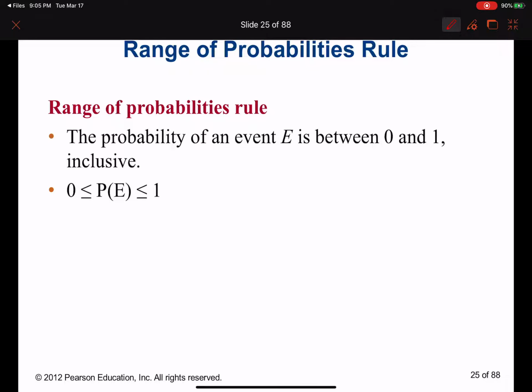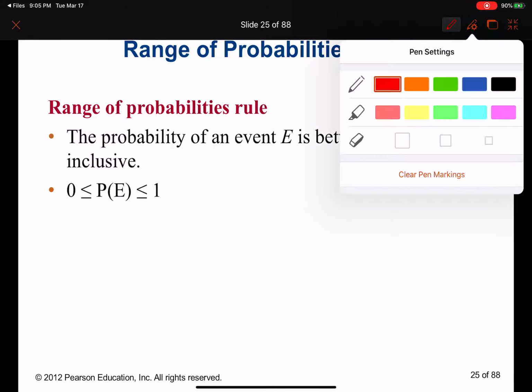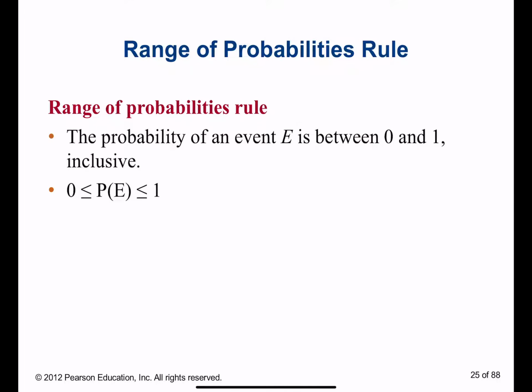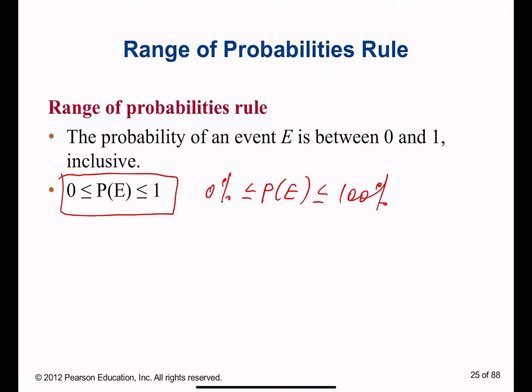Range of probabilities rule. This is important. So it can be between 0 and 1. Probability of an event is greater than or equal to 0%, less than or equal to 100%. 1 is portion-wise 100%, 0 is portion-wise 0%.